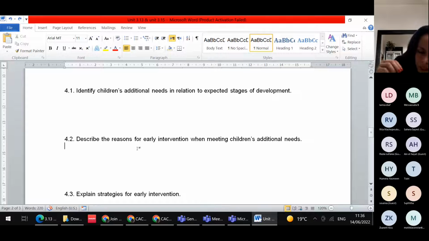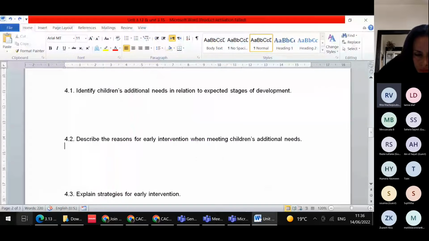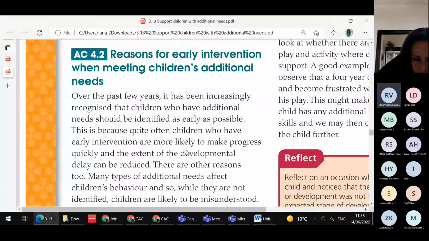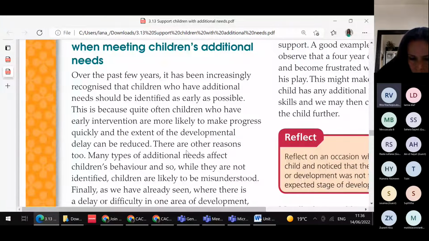If the child has additional needs, why would we be checking, what's the reason? I think the earlier you find out that the child has additional needs, the better. If you help him as early as possible, it's good for him to progress because he's still young.